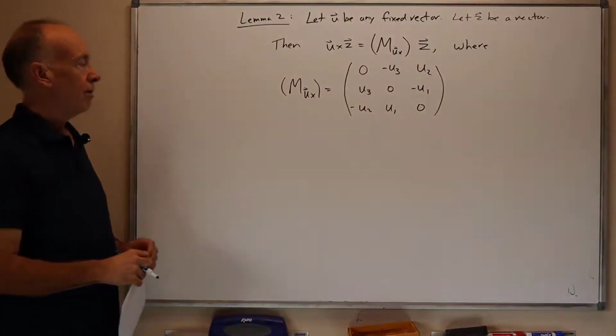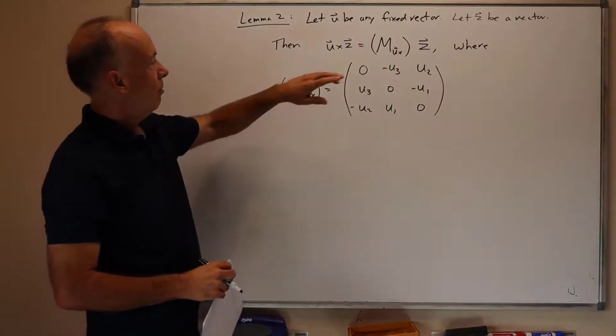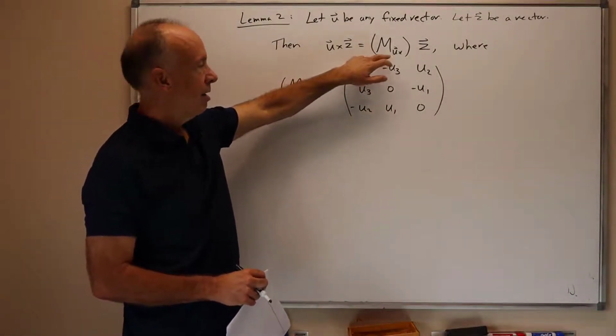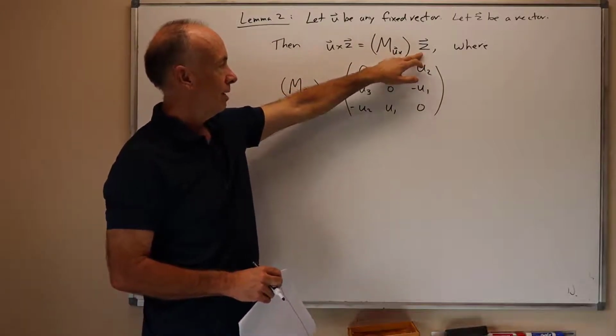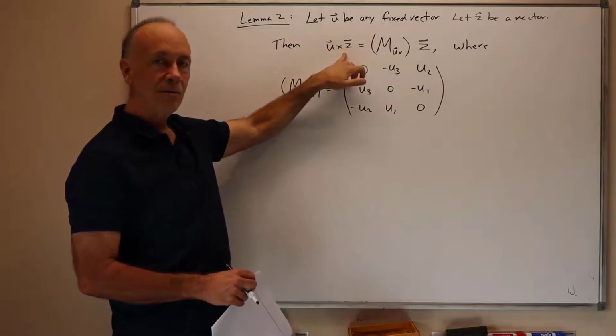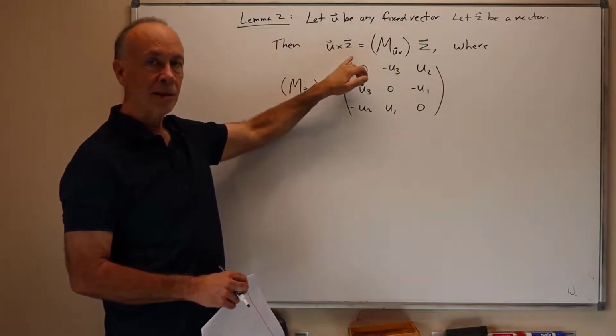So what's happening here is m u cross is a 3 by 3 matrix. If we multiply it with a column vector z, we get another column vector. Of course, the cross product of three vectors is another 3 vector.